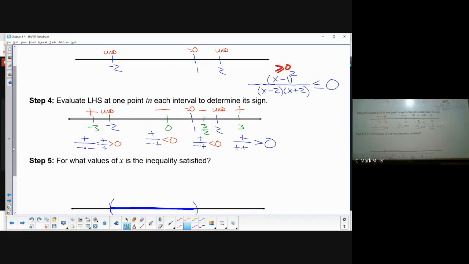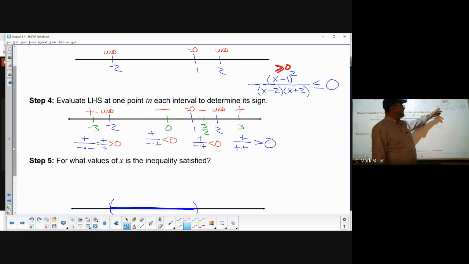And then you plug those in, like you plug -3 in, for example, up here. And you can do this a little bit in your head if you want. But you have 3 factors. 1 factor in the top, 2 factors in the bottom. If I plug -3 in, I get -3 minus 1 squared. That is a positive number in the top. You see this little fraction I got formed here? That's a positive number in the top.